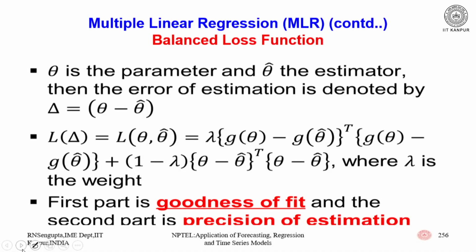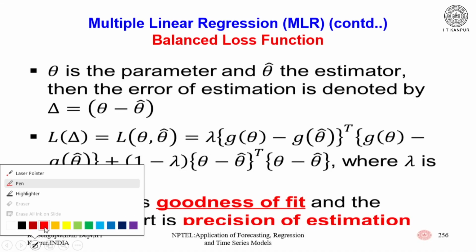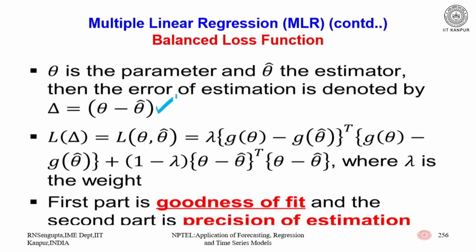If I denote, as usual, delta as the difference between the parameter and the estimate, then obviously the loss function would be a function of this delta, which is the difference between theta and theta hat. So, the balance loss function has two parts.